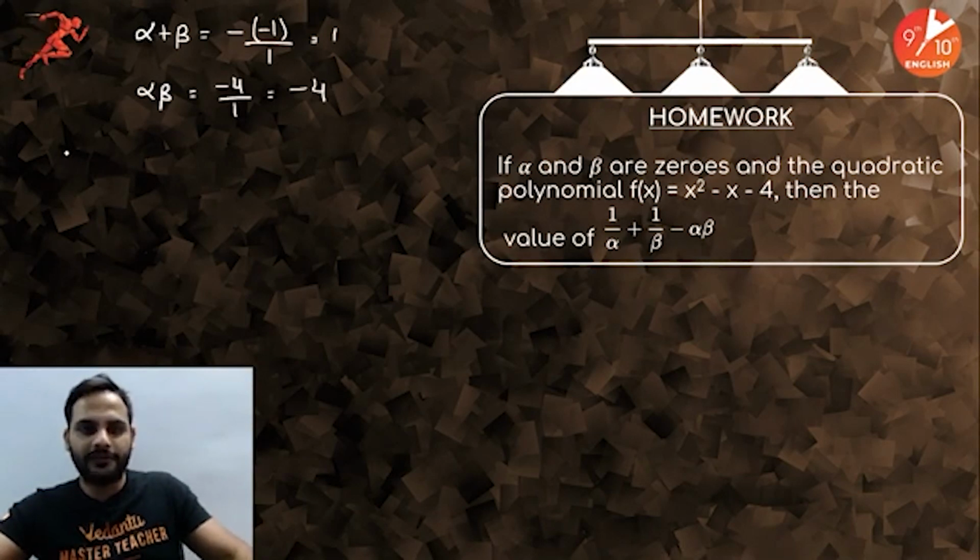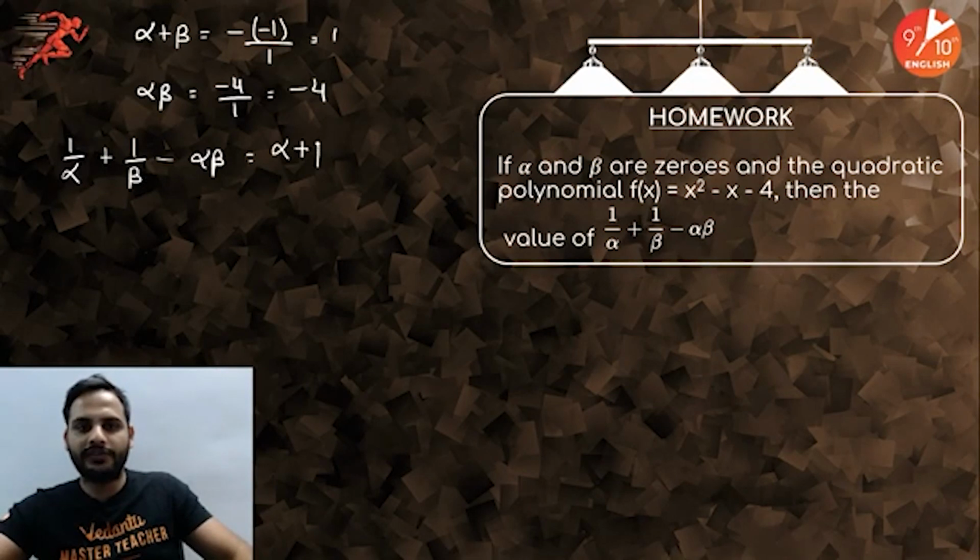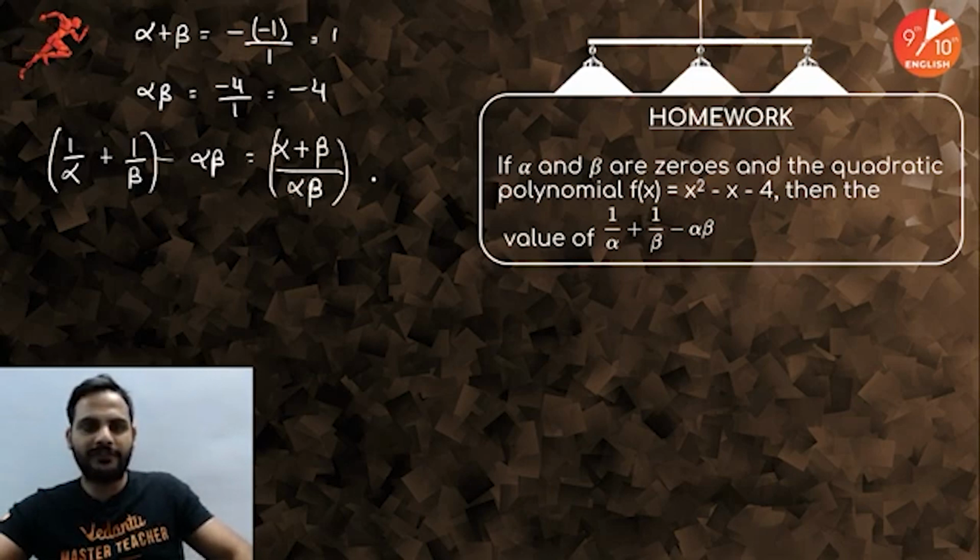So the value of 1 by alpha plus 1 by beta minus alpha beta. If I take LCM over here, guys, it will become, here multiply with beta and here multiply with alpha, alpha plus beta upon alpha beta, minus alpha beta.